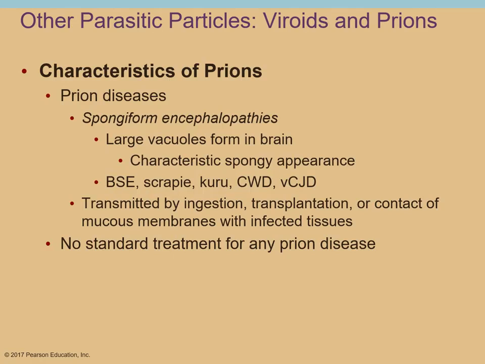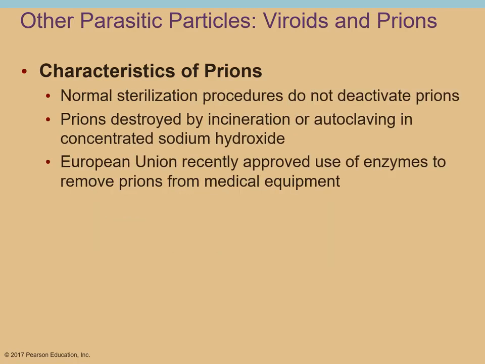So we have been able to identify different diseases that are caused by various prions. They seem to be transmitted by ingesting or transplanting or contact with infected tissues. We do not have at this particular time any standard treatment for it. Unfortunately, it seems as though some of the normal sterilization procedures also do not seem to deactivate these prions.